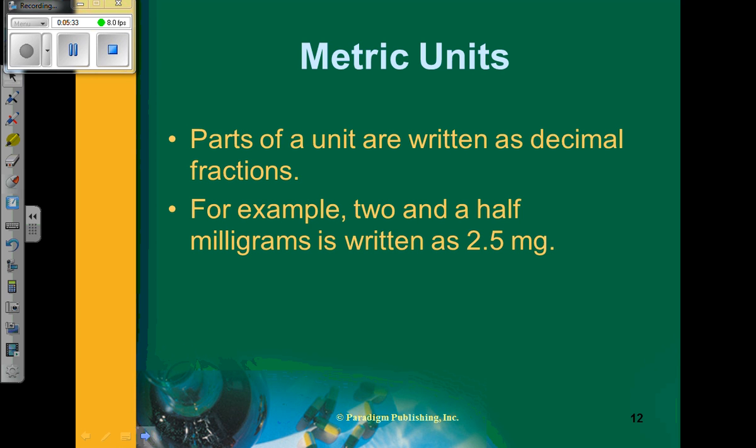You could also say, of course, 1/2 milligram would equal 0.5 milligrams. Okay, because there is no whole number, you will need to add a leading zero. So for a half, it's actually 0.5, but you would add that leading zero because it is not a whole number.